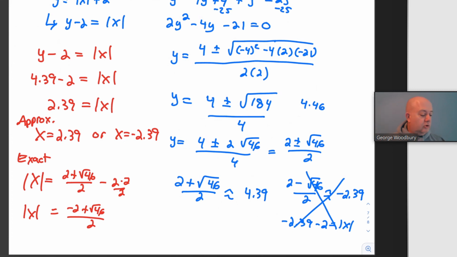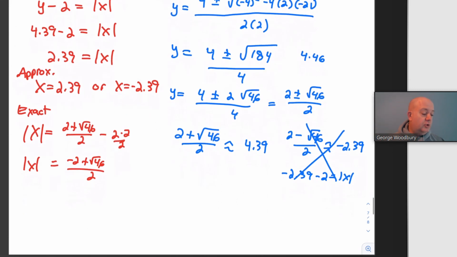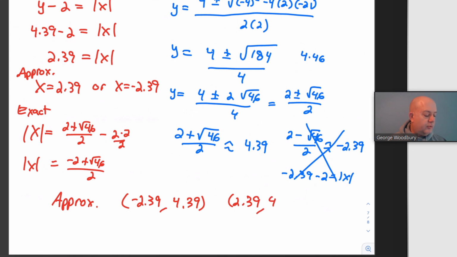So the solutions, and there's two of them, approximate solutions: negative 2.39, comma 4.39, and 2.39, comma 4.39.